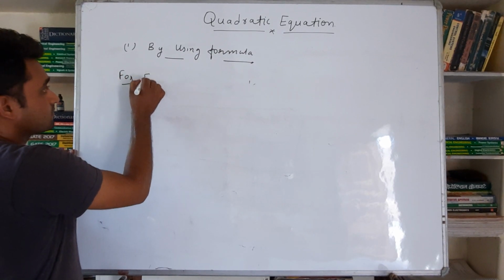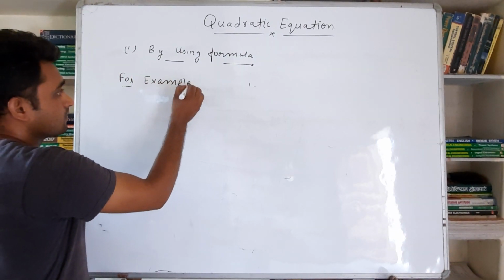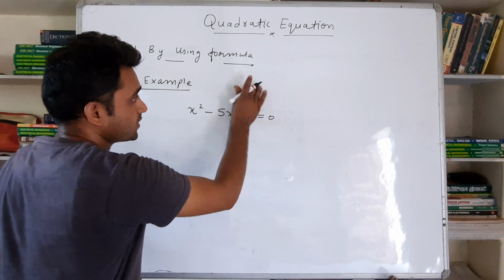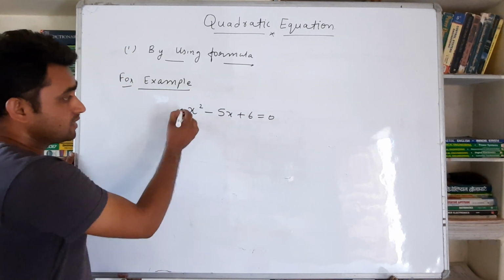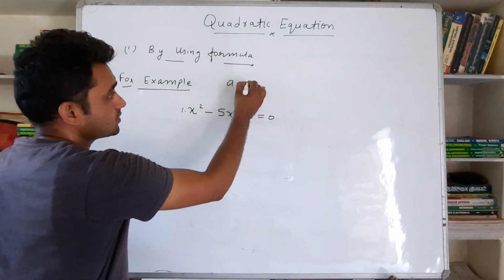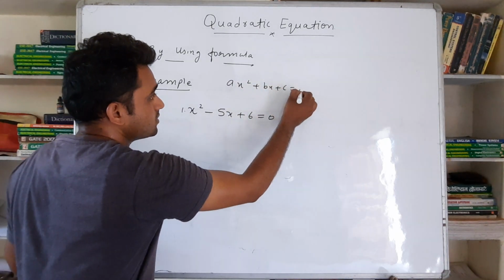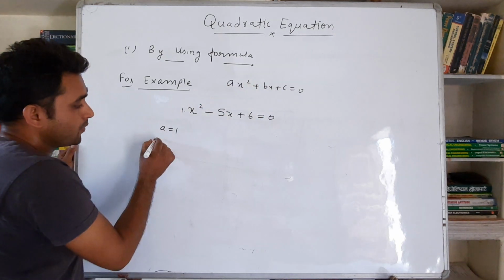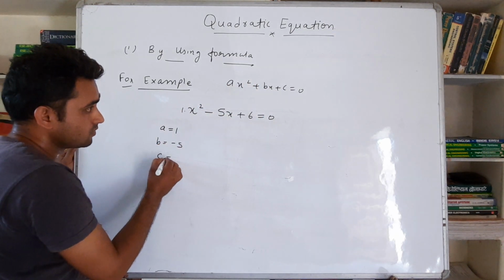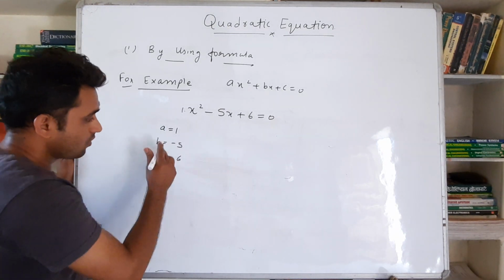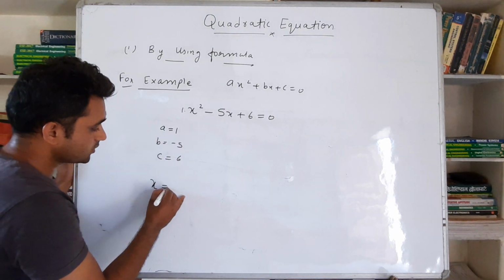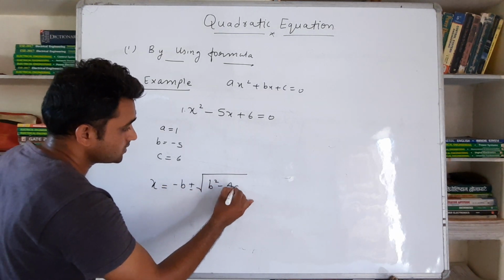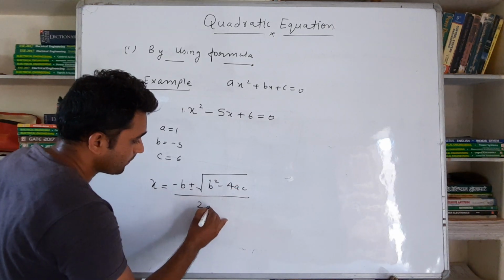Let's take an example and find the solution by using this formula. For example, if this is our example, x square minus 5x plus 6 equals 0, this is a quadratic equation. Then by comparing with the standard equation ax square plus bx plus c equals 0, a equals 1, b equals minus 5, c equals 6. Put the values of a, b, c in the formula. x equals minus b plus minus square root of b square minus 4ac upon 2a.